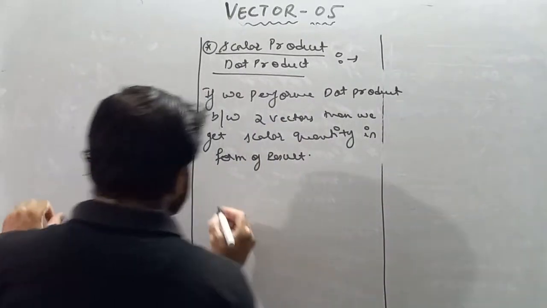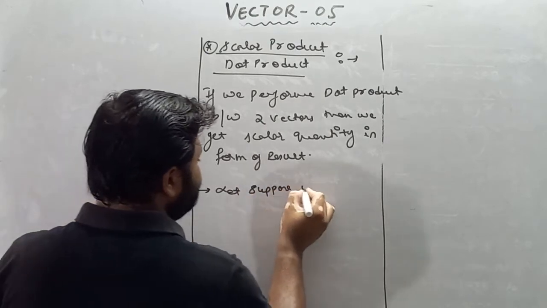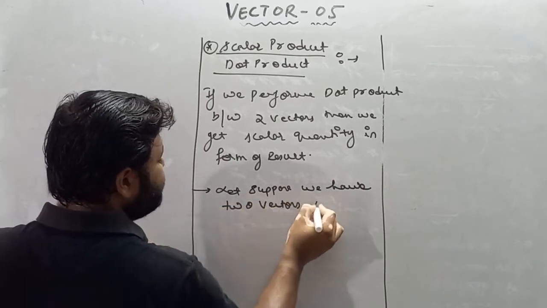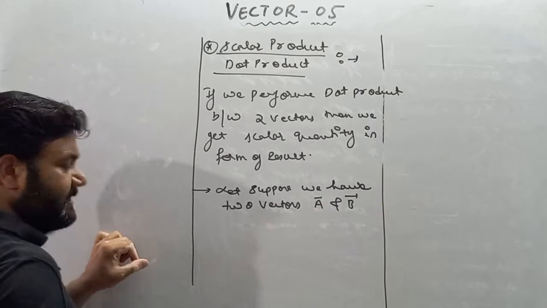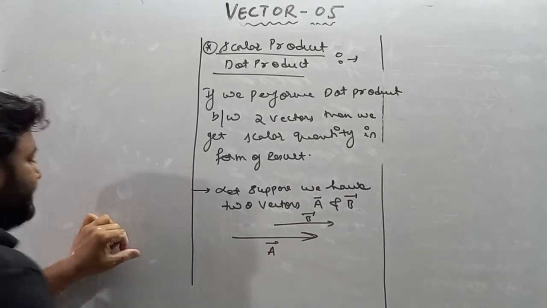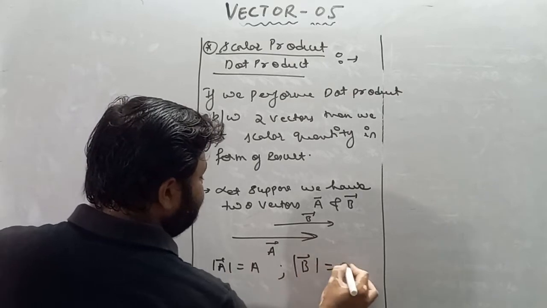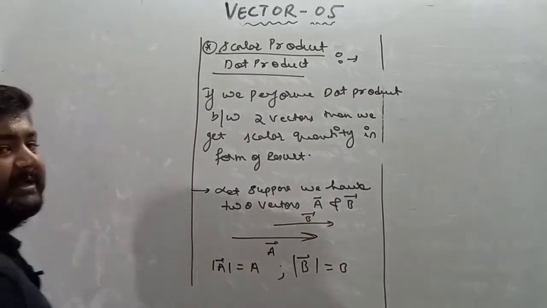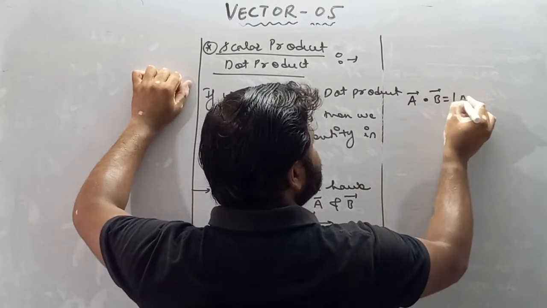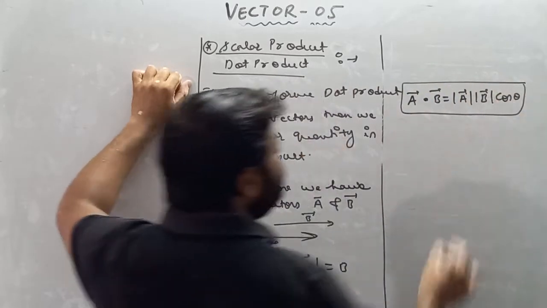Now see, let's suppose we have two vectors, A vector and B vector. Let the magnitude of A vector be A and the magnitude of B vector be B. If I perform dot product between A vector and B vector, then A vector dot B vector is equal to the magnitude of A, the magnitude of B, and cos theta.